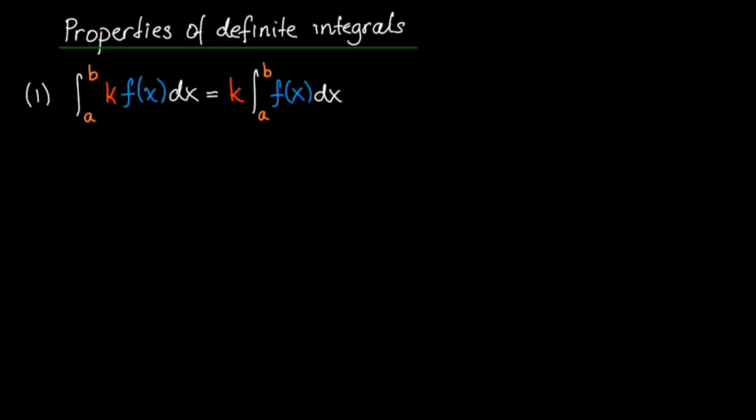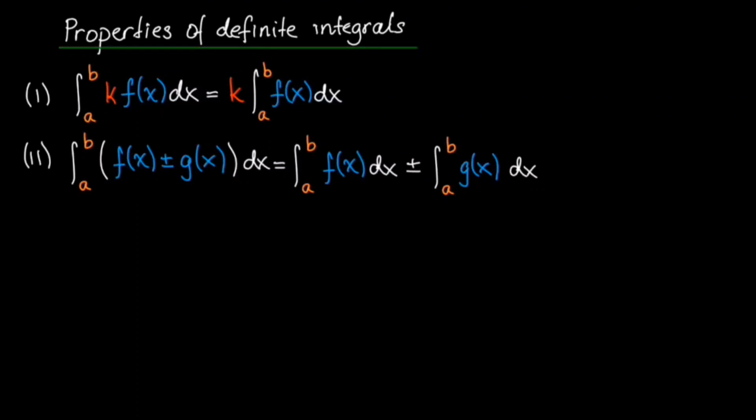For example, this property here simply states that if you have a coefficient inside multiplied with the f function and you're taking the integral of it, the coefficient k can just go in front. The next property states that if you're taking the definite integral of one function added or subtracted with another function, you can simply rewrite this integral into two separate ones.